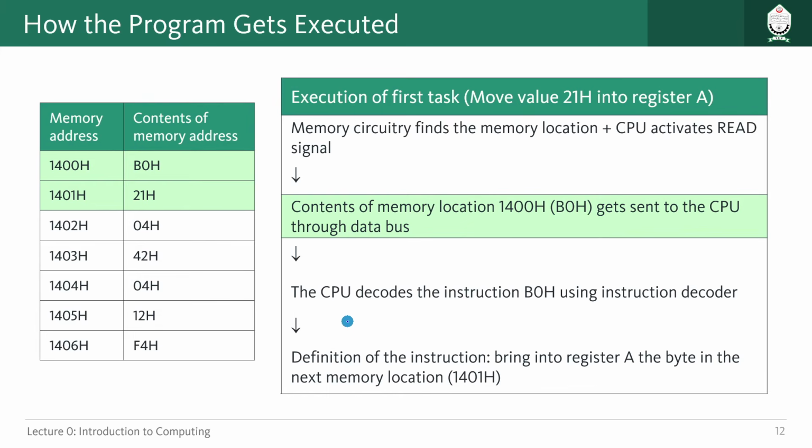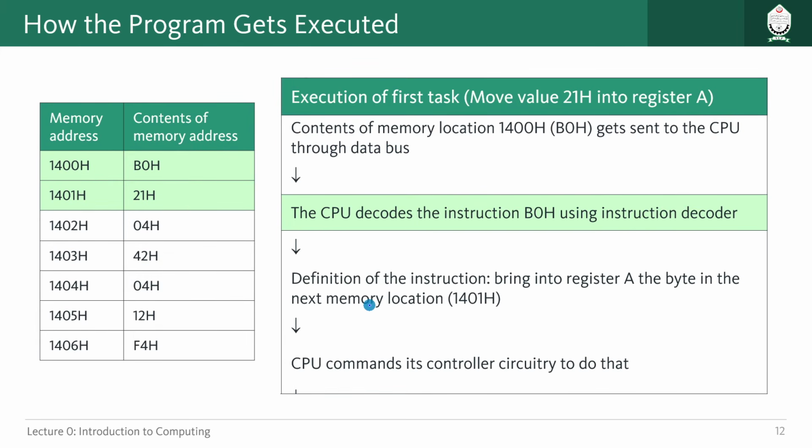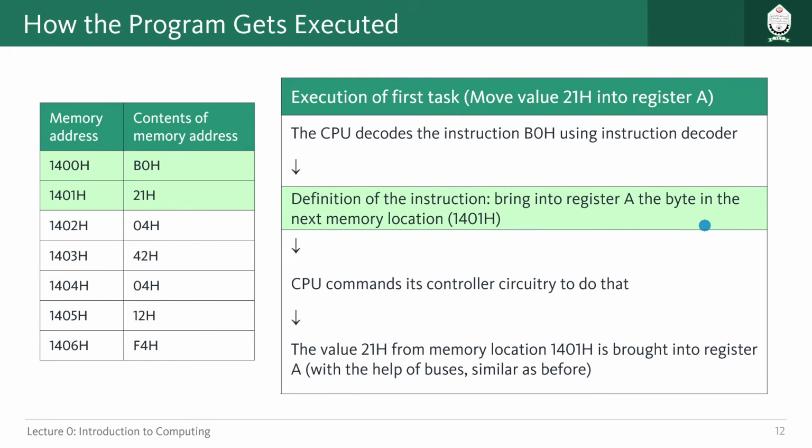After getting the data, the CPU will decode it with the help of the instruction decoder. Just like in our controller sequencer, where we had an instruction decoder portion and then control circuitry. The instruction decoder will decode this instruction, and the instruction is: bring into register A the byte in the next memory location.